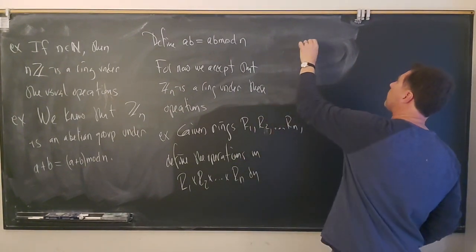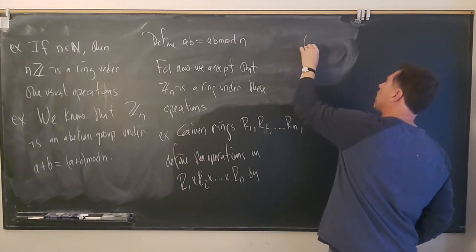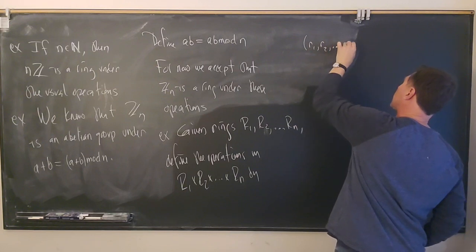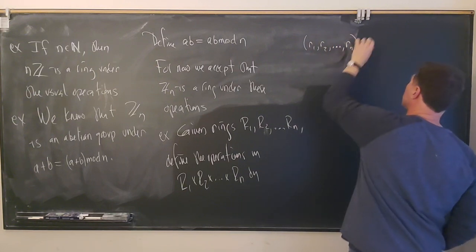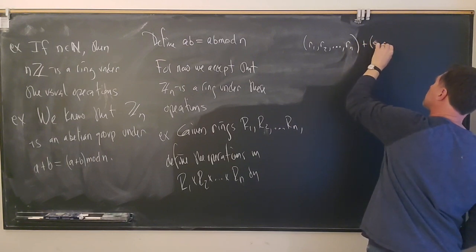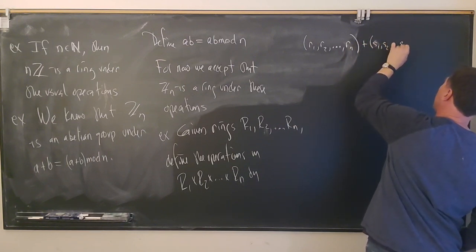So we'll have little r1, r2, up to r sub n, plus, let's say s1, s2, up to s sub n.